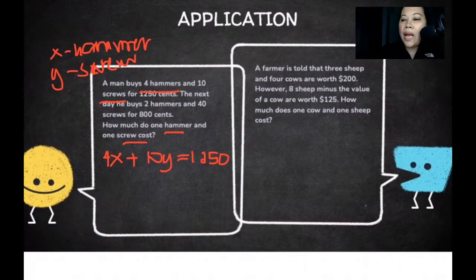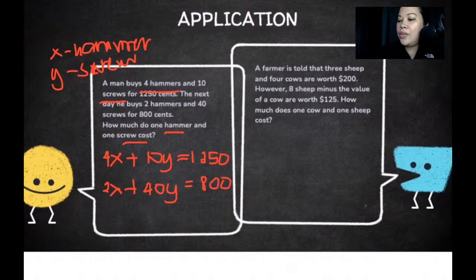So we have 4x plus 10y equals 1,250, and then you have 2 hammers and 40 screws, which is equal to 800 cents. So now you have 2 equations here. 4x plus 10y equals 1,250 and 2x plus 40y equals 800.